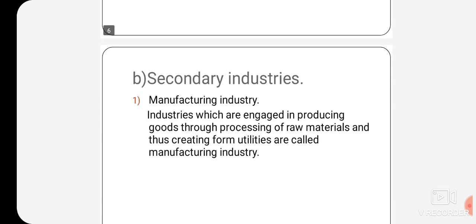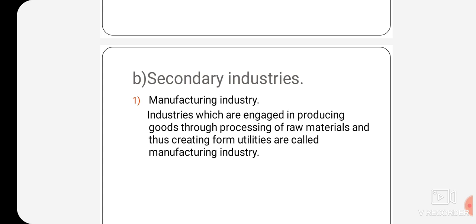Now the second one which we are going to study is secondary industries. What do you mean by secondary industries? These industries include all those activities which are connected with the extraction and production of natural resources and reproduction and development of living organisms.